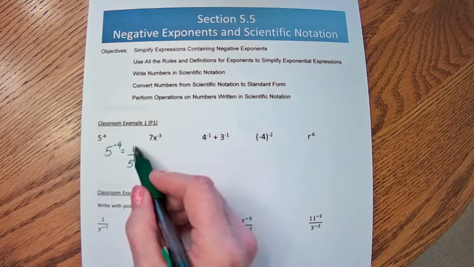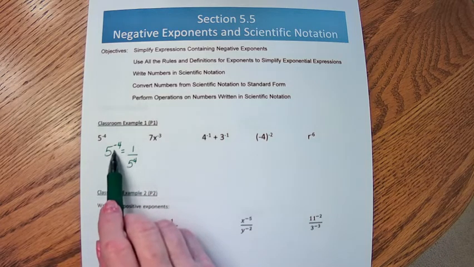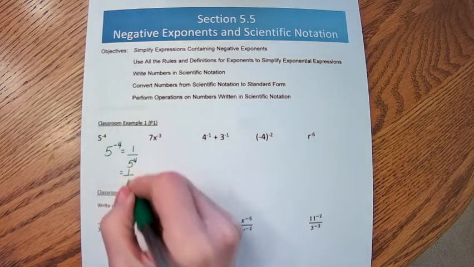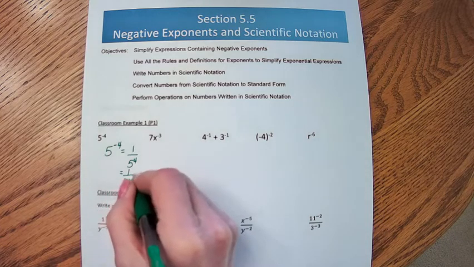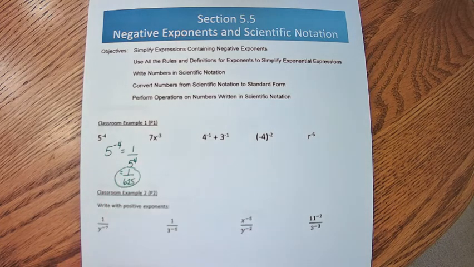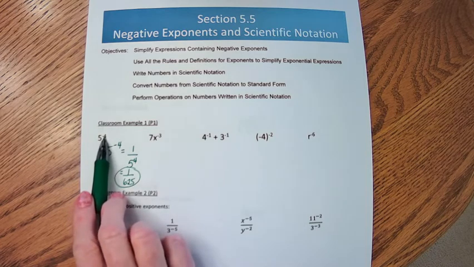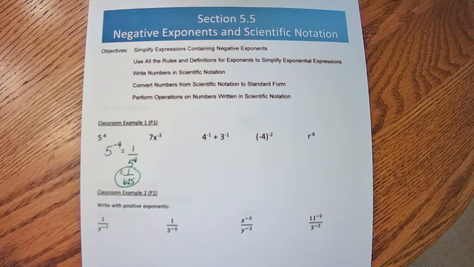We're going to change that to 1 over 5 to the positive 4th. We've changed this from having a negative exponent to having a positive exponent. And if you were to use your calculator and find out what 5 to the 4th is, it's 625. Or if you were to put 5 to the negative 4th in your calculator, you'd come up with a decimal. If you press convert to fraction, you'll get 1 over 625.